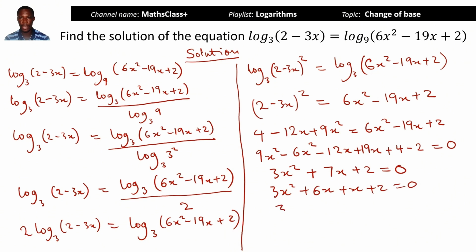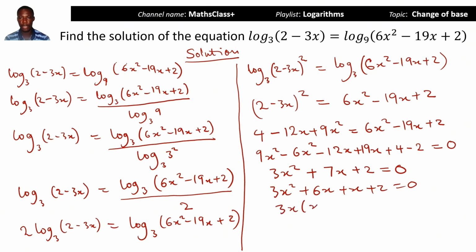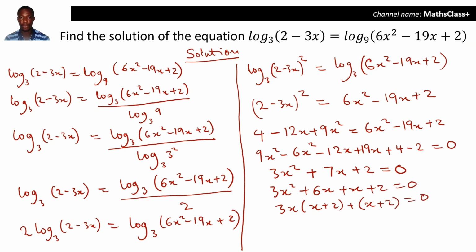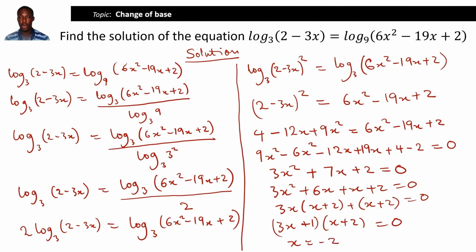So here I'll bring 3x out, have x plus 2, and then here 1 out, and I'll have x plus 2, which is equal to 0. So 3x plus 1, and then x plus 2 is equal to 0. So when I solve, I'll get x is equal to negative 2, or x is equal to negative 1 over 3 as my answer.